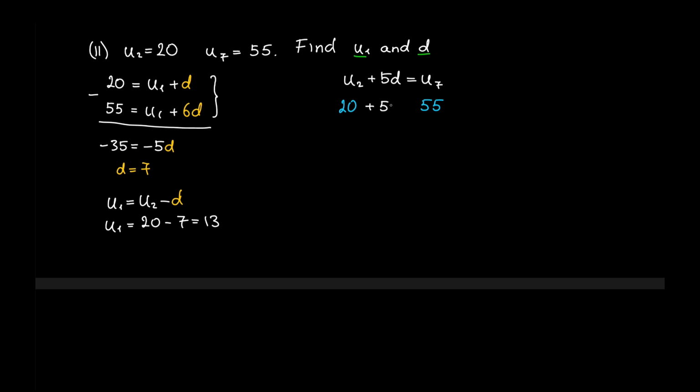So 20 plus 5 differences equals 55, and 5d is equal to 35, yielding us an answer with a common difference of 7, which is the same as with the method before. And then you can find that u1 is equal to 13 in the same fashion. So either of these methods is valid, both work perfectly, and it's just a personal preference. For me, the second method is always better.